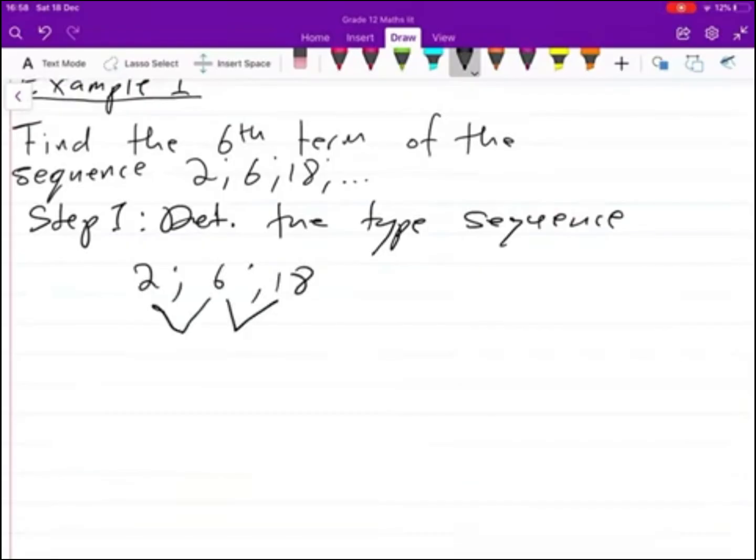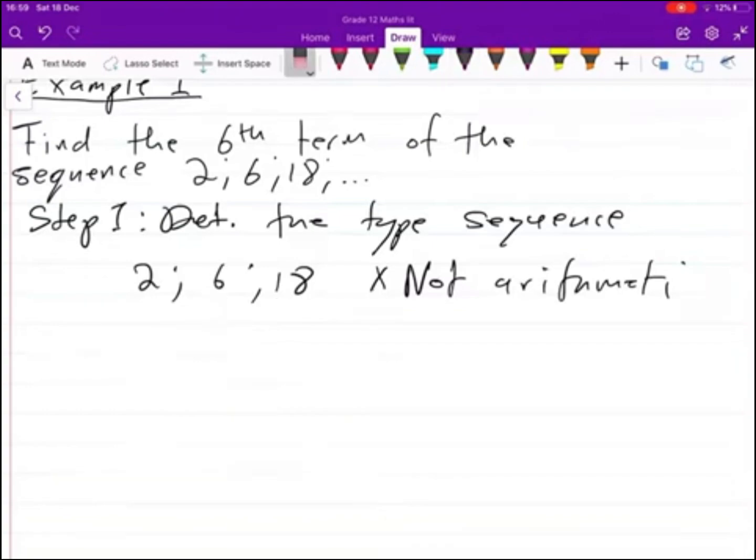First we will start with subtraction. 6 minus 2 is 4. 18 minus 6 is 12. So it is not arithmetic. Let us try to see if it's geometric.